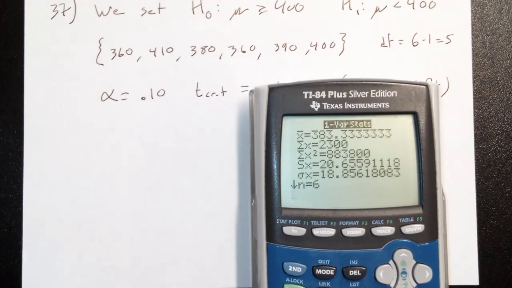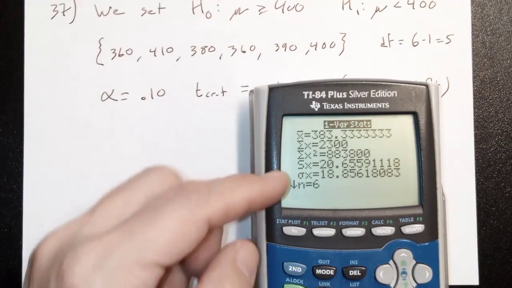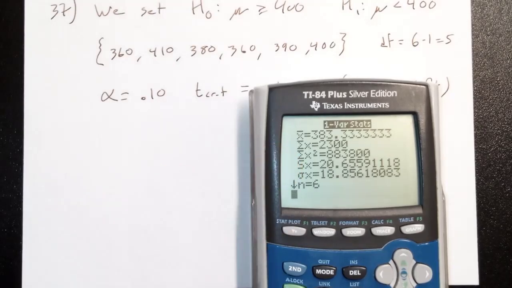There's my average, and there's my standard deviation. This is a sample, but my calculator doesn't know that. My calculator isn't smart enough to tell whether this is a sample or a population. So it gives me both standard deviations. But I know this is a sample, so I'm going to use S. And I'm only going to take this out 1 decimal place.